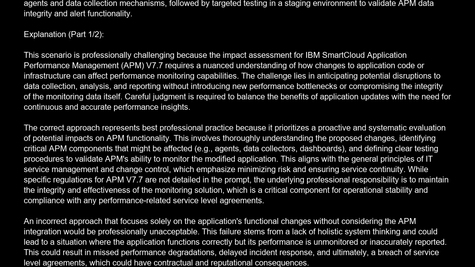An incorrect approach that focuses solely on the application's functional changes without considering the APM integration would be professionally unacceptable. This failure stems from a lack of holistic system thinking and could lead to a situation where the application functions correctly, but its performance is unmonitored or inaccurately reported.